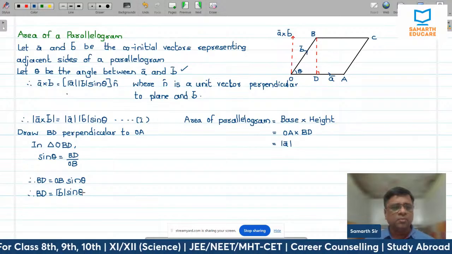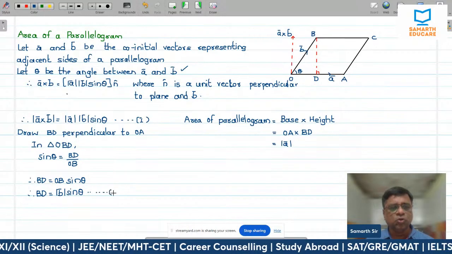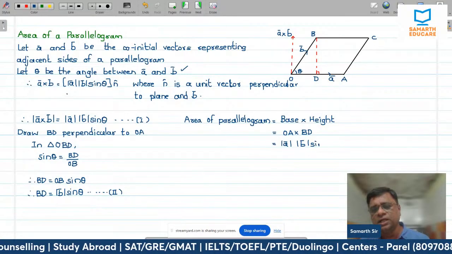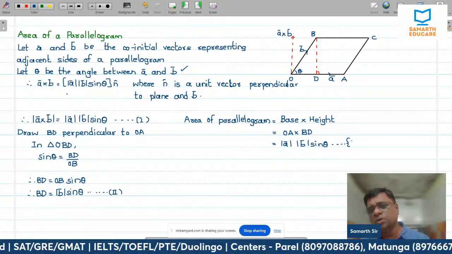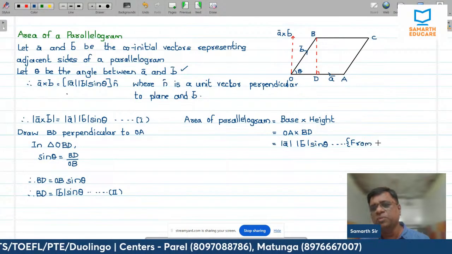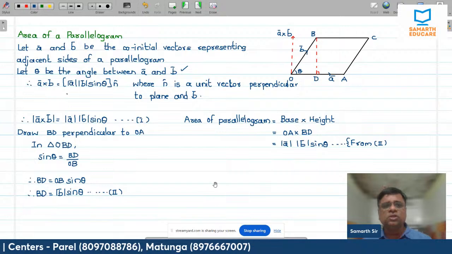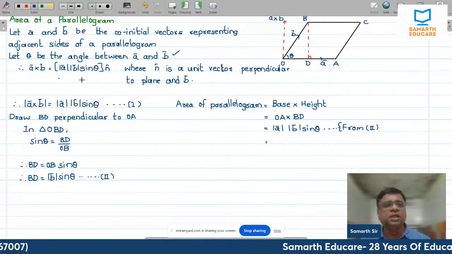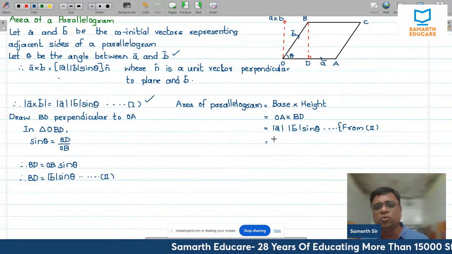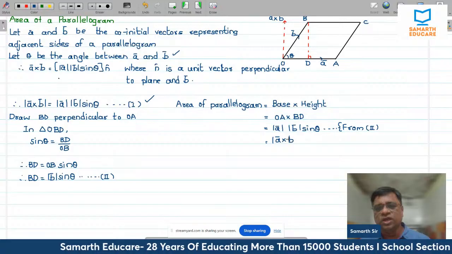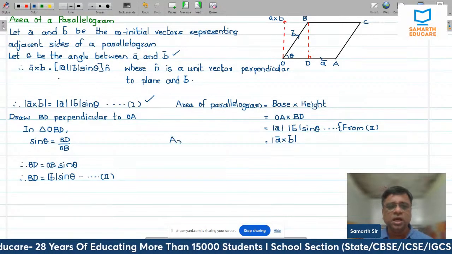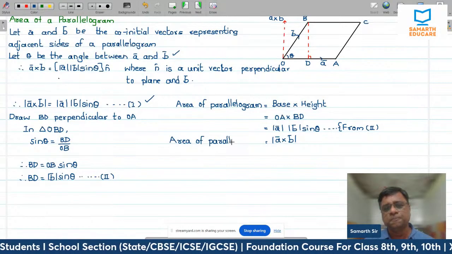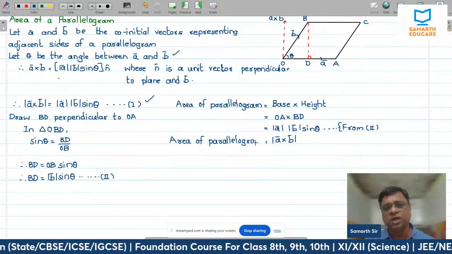Here, according to equation number 2, the value of BD is mod B bar sine theta. Now if you observe this, mod A bar mod B bar sine theta, what is equation number 1 saying? Mod A bar mod B bar sine theta is mod of A bar cross B bar. So hence area of parallelogram is equal to mod of A bar cross B bar.